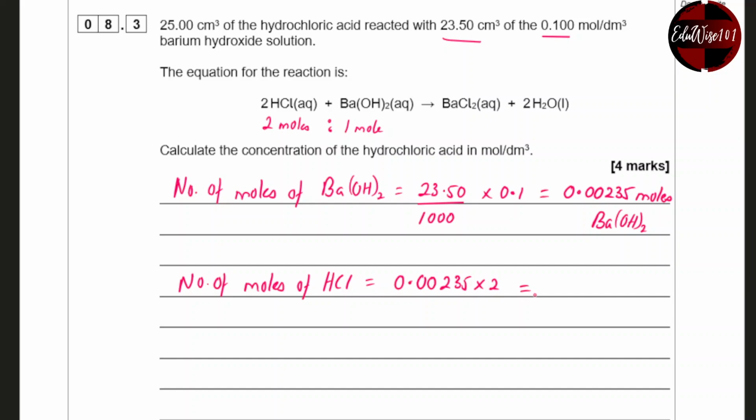That would give me 0.00470 moles of HCl.